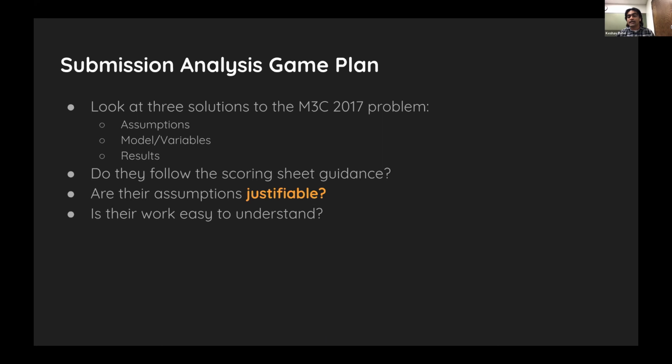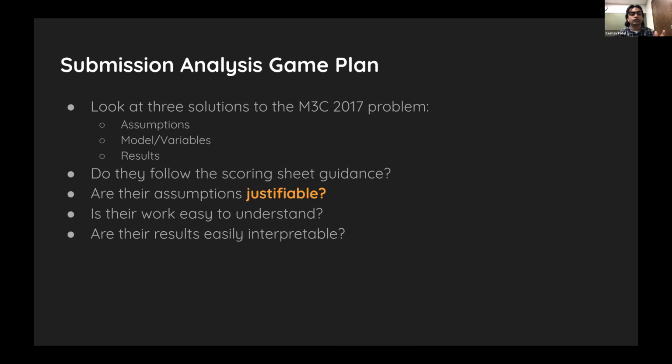Is their work easy to understand? Can you read through in a limited amount of time and understand the pathway that they took to get to the answer that they got? And are their results easily interpretable? Again, if you're just quickly looking through their reports, are you able to understand what their results mean? And did they clearly answer the question that you had asked them, right? Okay, so this is the game plan for today.